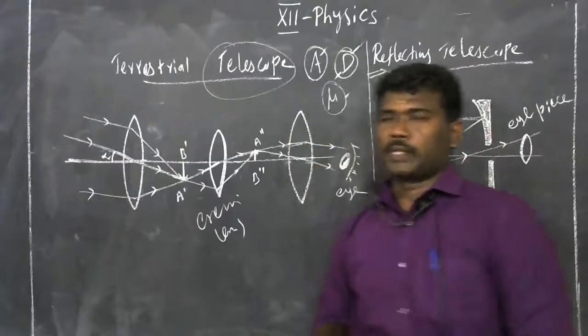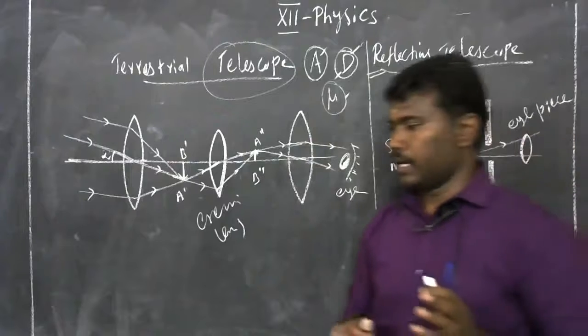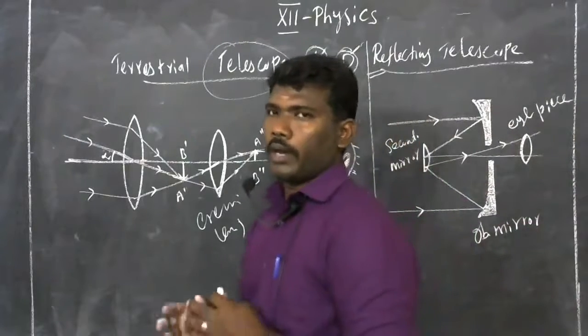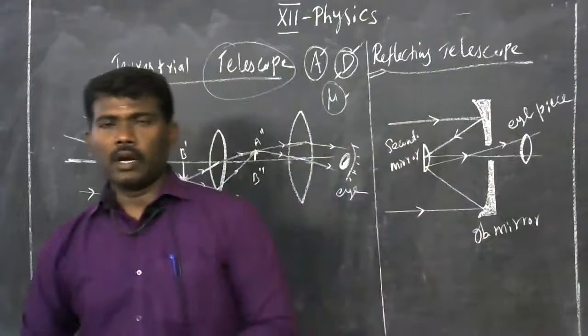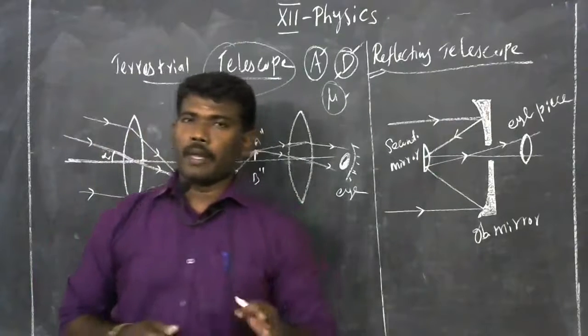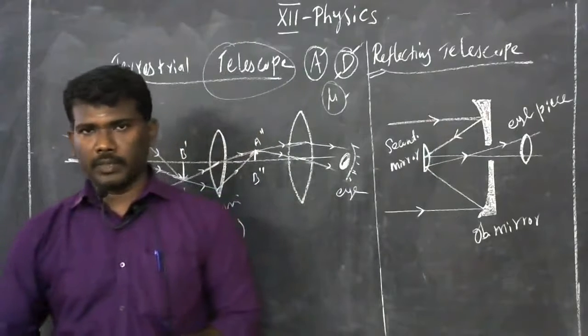First of all, I am going to explain the instruments, the parts involved in the particular instrument, and how we can set the preliminary adjustment in the spectrometer.